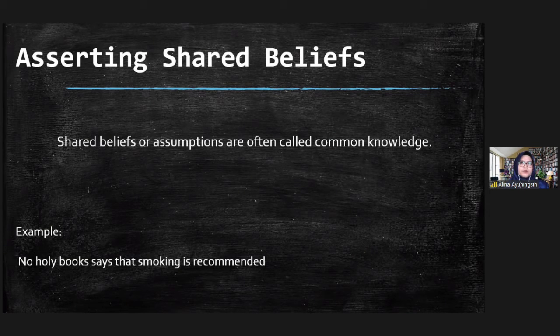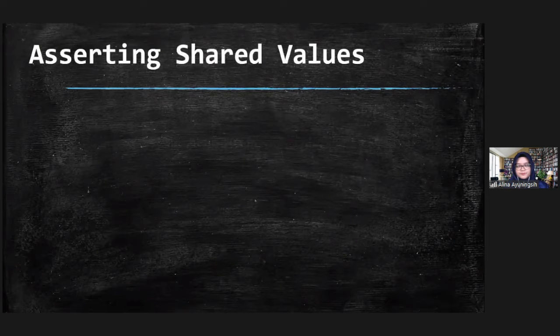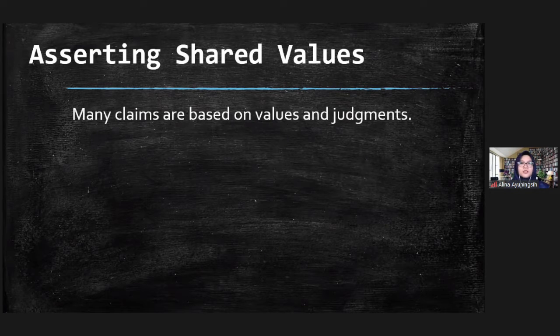So we mostly bring about religion things, but shared values are slightly different from shared beliefs. Shared beliefs can be applied to all parts of the world. But shared values are only like a judgment, like a culture, so they apply only in some areas of the world, not the whole.